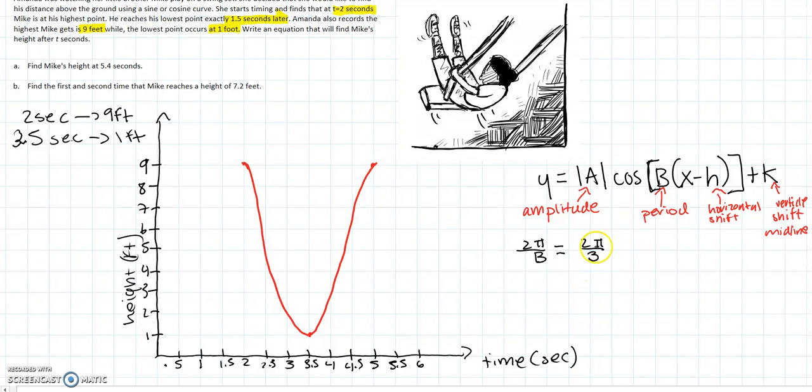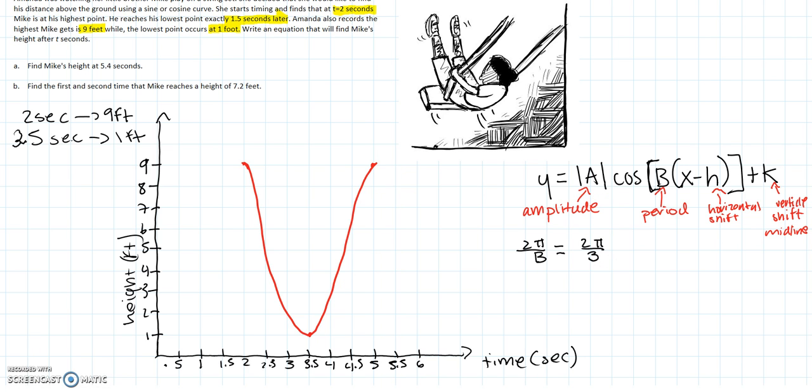In the problem, it told us that our curve is going to start at 2 seconds and end at 5 seconds. So the total time span is 3 seconds.